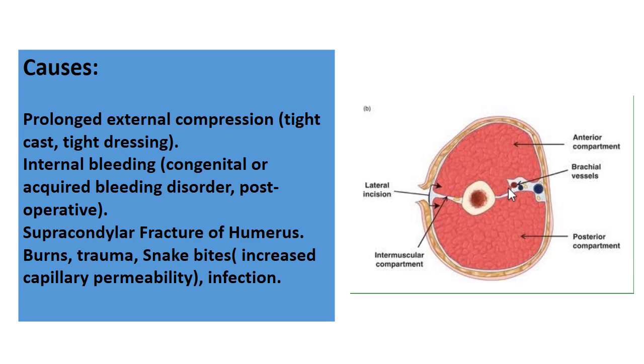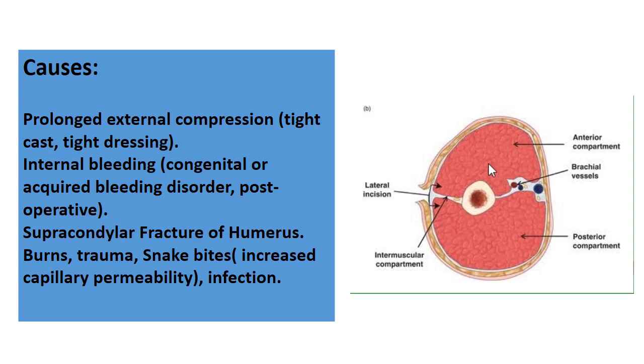In addition to that, conditions which cause internal bleeding within the compartment also decrease the space in the anterior compartment and cause occlusion of the brachial artery. Fractures of the humerus, mainly the supracondylar fracture of humerus.